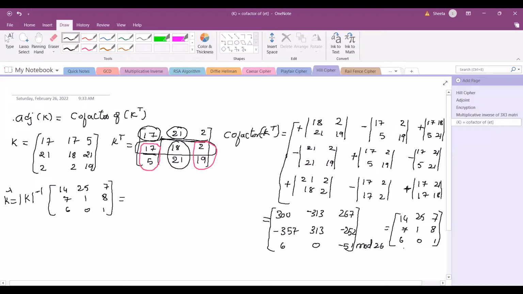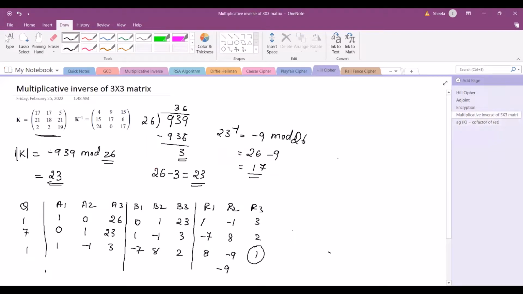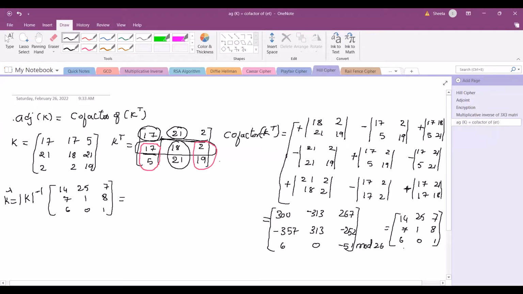The multiplicative inverse of the determinant of K, which we found out, was 17. So now I need to multiply 17 with this one. So I will be getting 17 into 14, 25, 7, 7, 1, 8, 6, 0, 1.